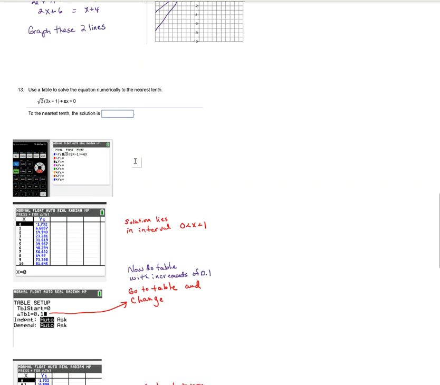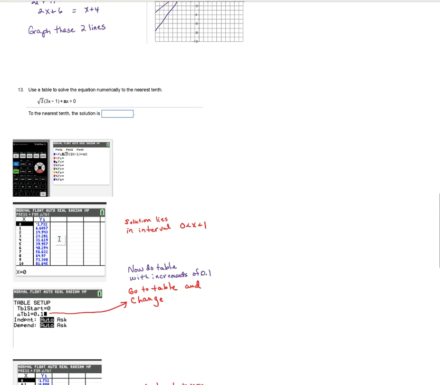All right, the last one of these is solving it numerically, and I said it was a little bit more tedious. It is. I've given you screenshots. For this one, go to your calculator, go to y equals and put that in just like it is up here, so you've got that graph.